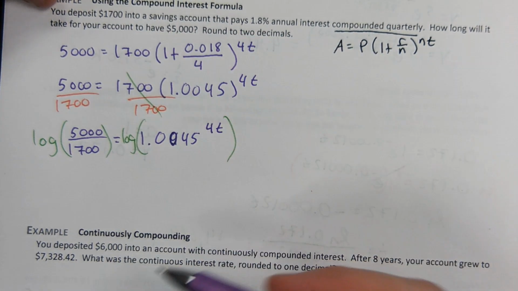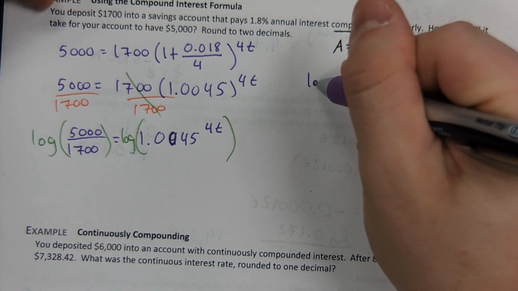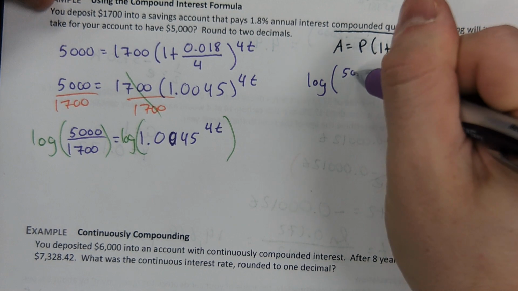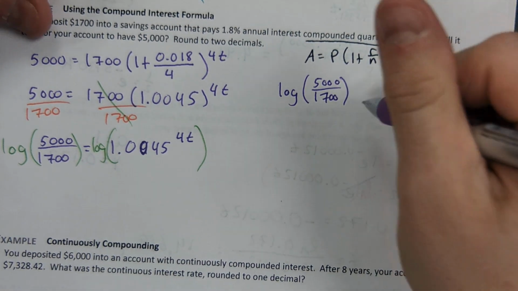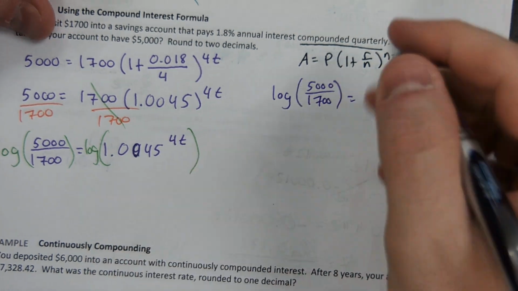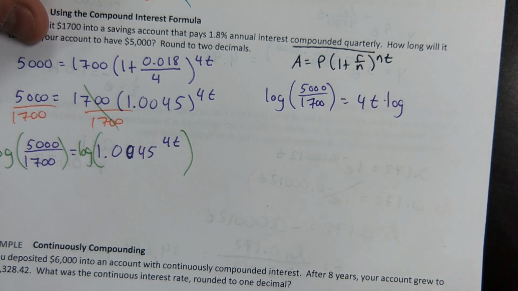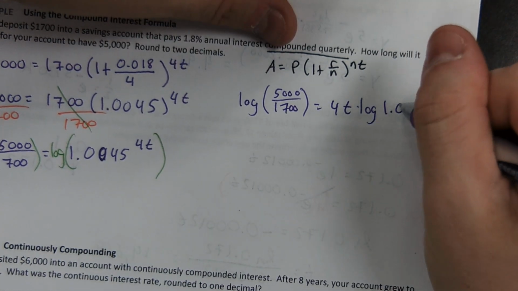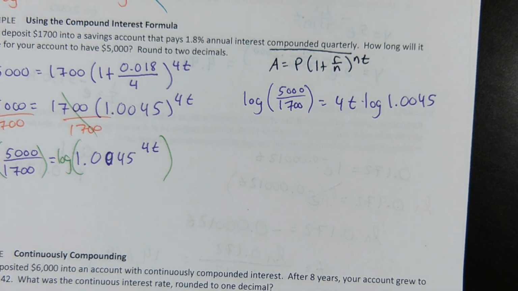I'm running out of vertical space over here, so I'll just go over here. Log of this fraction, which was not pretty, and that's why we're leaving it like that. The 4t comes to the front, and there is still a log of 1.0045. And we're trying to get t all alone.